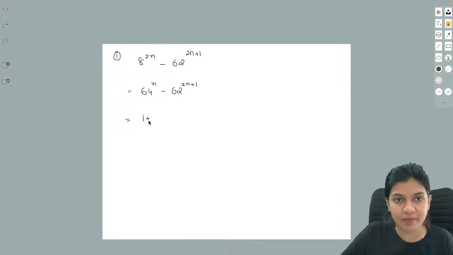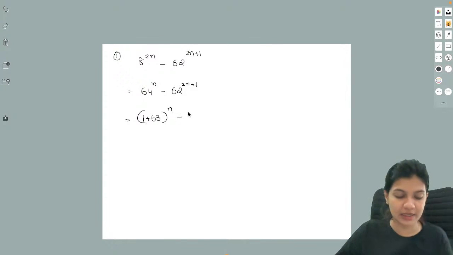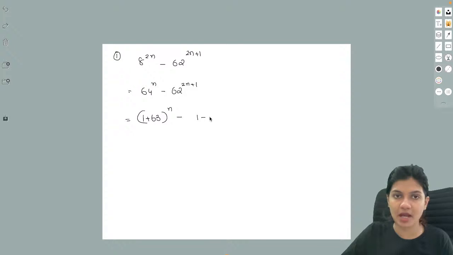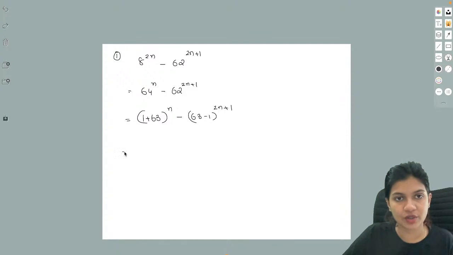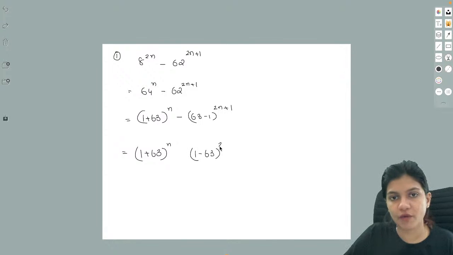So that would be (1 plus 63) whole to the power n minus (63 minus 1) to the power 2n plus 1. Taking minus 1 common outside, you will be getting (1 minus 63) to the power of 2n plus 1.